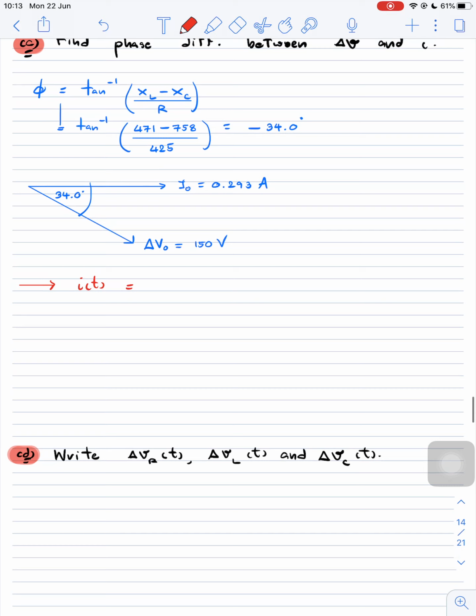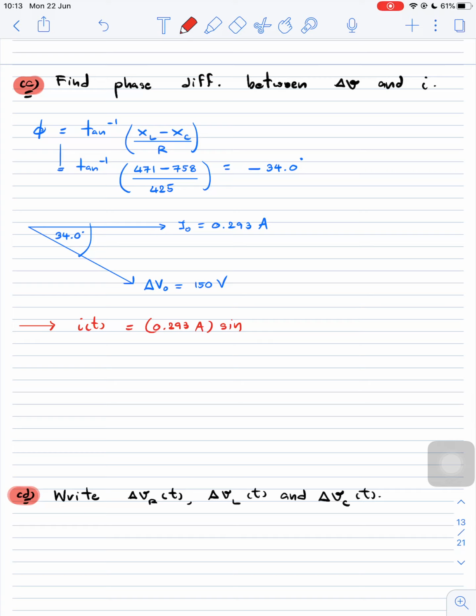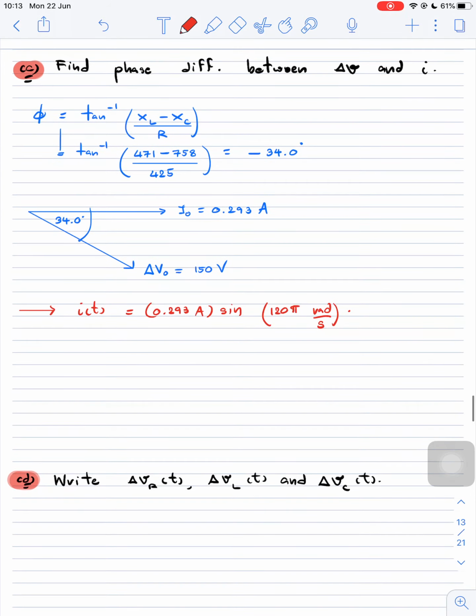So we say that I equals I naught, 0.293 ampere, times the sine of omega t. Omega is 120 pi in units of radians per second, times t. So this will be the sine function for the current.